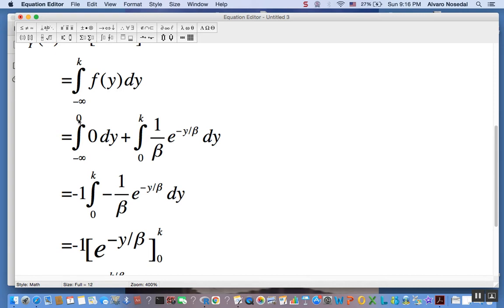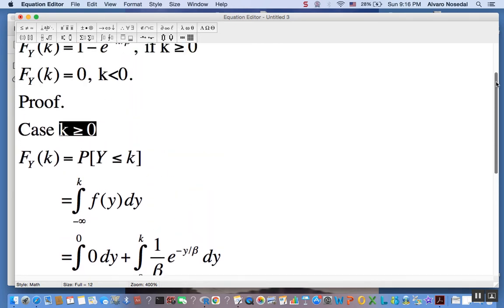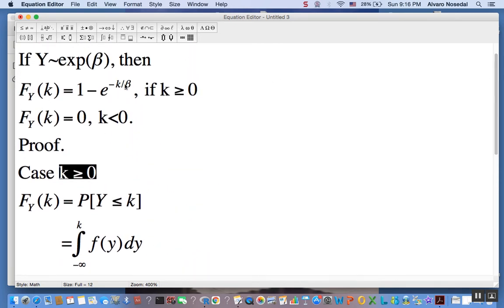So if k was negative, then it would be just this integral, and that clearly is 0. So we are done. We have shown that if k is positive or 0, it's going to be this expression. If k is negative, then the CDF will be 0.